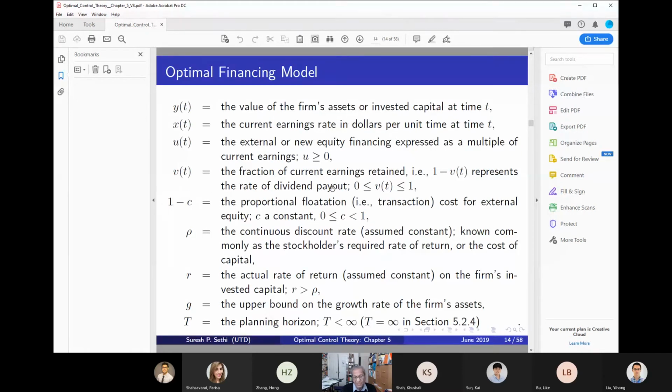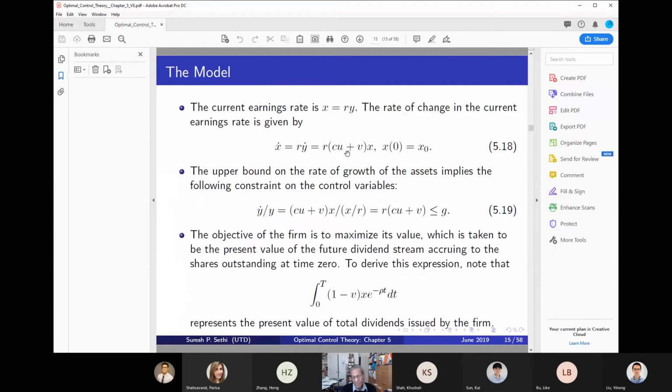U times X is the dollar amount, but I get only C times that. So that's Y dot, and I multiply by R, so I get X dot equal to R Y dot. Why am I doing this? Because this is the rate at which the company is growing, and Krauss and Lee want to put a constraint on the rate at which the company is growing.